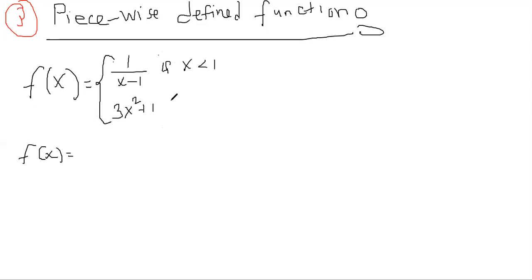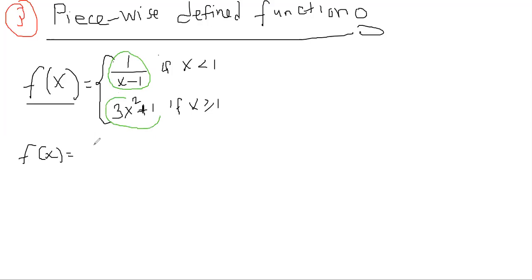But you use the second formula, which is 3x raised to the power of 2 plus 1, if x is greater than or equal to 1. So we have one function here, but with two formulas: formula 1 and formula 2.